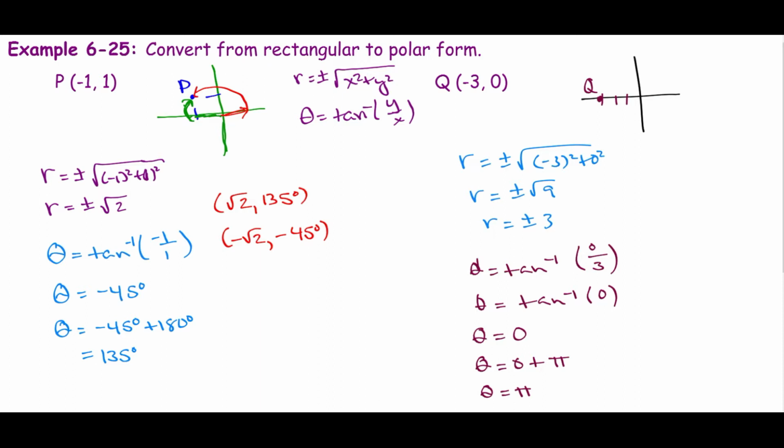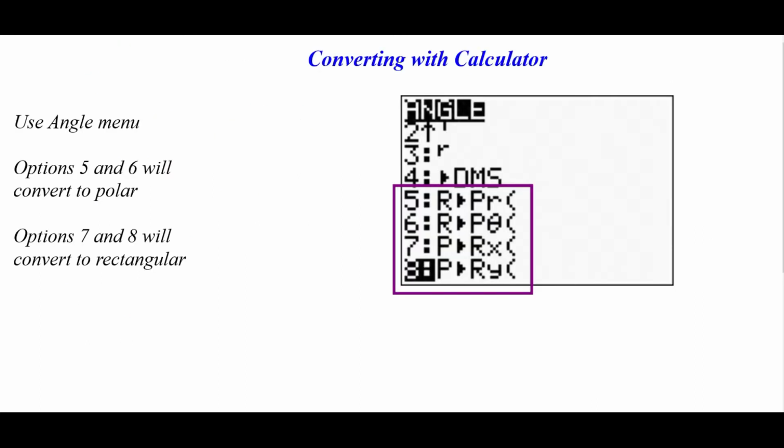Again, I just have to decide how they match up. If I come out to positive 3, I have to rotate to get over to -3, and that's a half circle. So positive 3 goes with the pi, which means -3 would go with the 0.